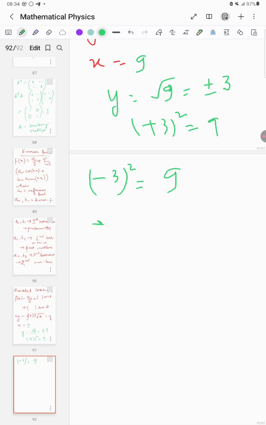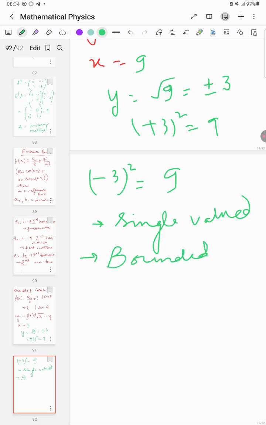So let us pen them down. It should be single valued, it should be bounded, it should have one extrema, at least one extrema. More than one is accepted, but at least one is needed. That is the minimum criteria.